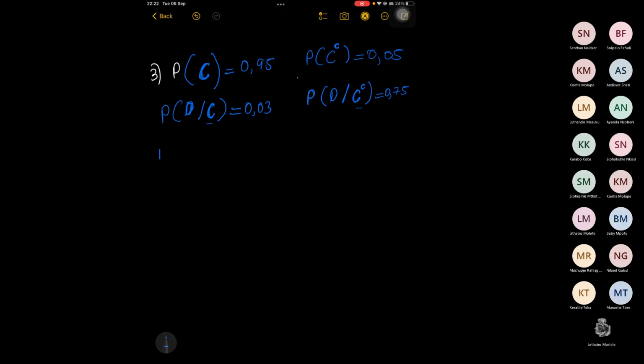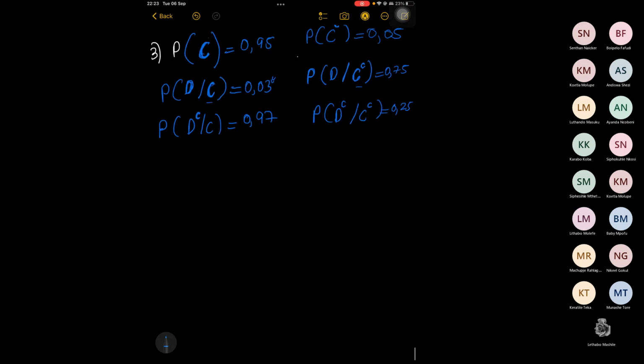So it's going to be the probability of D complement, which means your items are not defective. Given C, it's the complement of this, which is 1 minus 0.03, which is 0.97. Then the probability of D complement given C complement is 1 minus 0.75, which is 0.25.